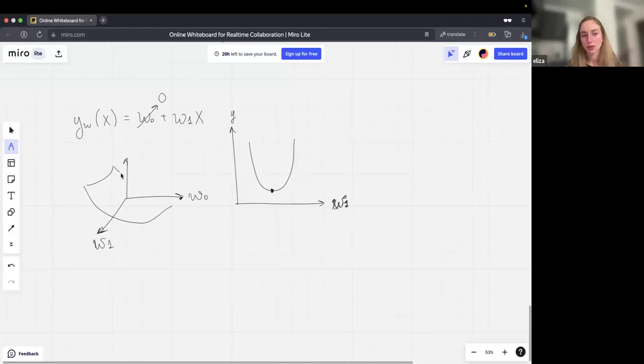I think it's something like this, and you see the dependency on weight 0 and weight 1.